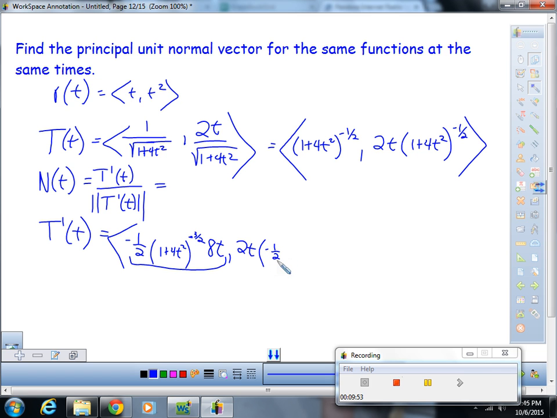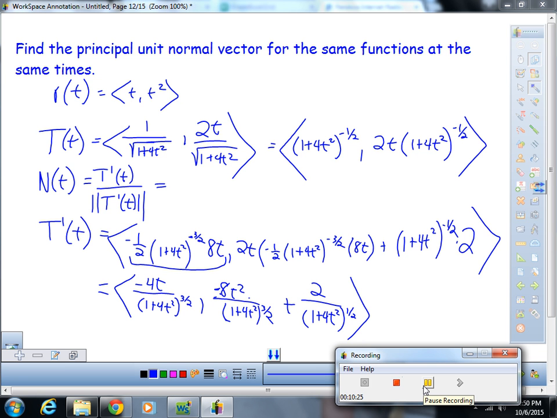Negative 1/2 times 1 plus 4t squared to the negative 3/2 times 8t. Alright, first times the derivative of the second plus second, okay, that's a little easier, 1 plus 4t squared to the negative 1/2 times the derivative of the first times 2, and that's that.